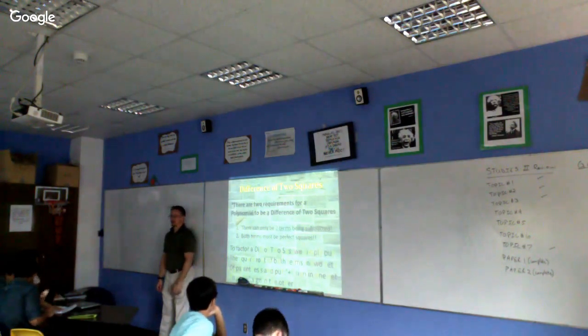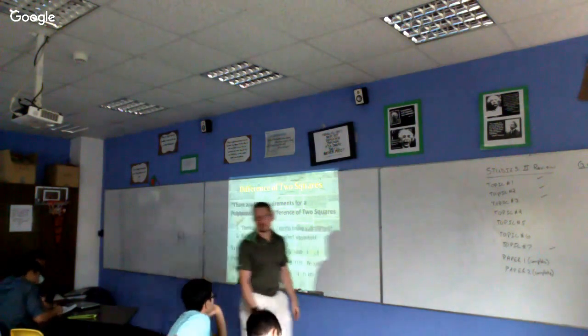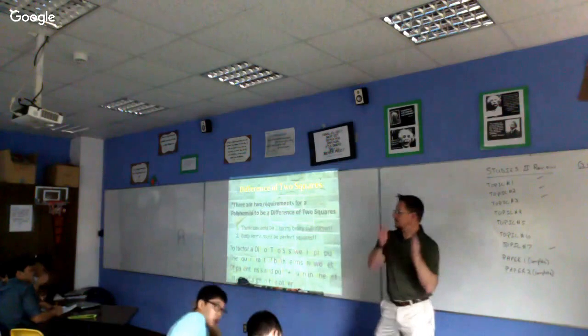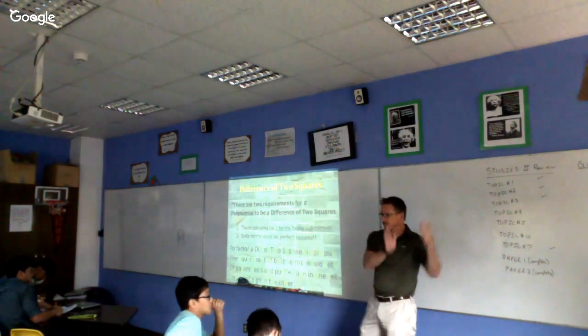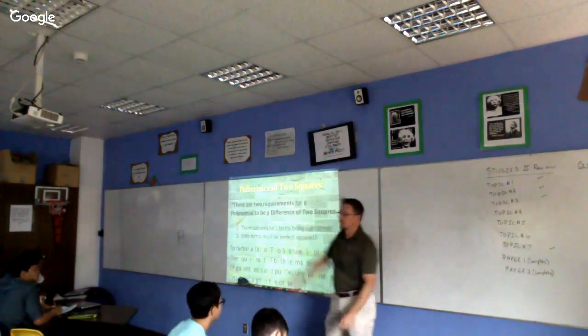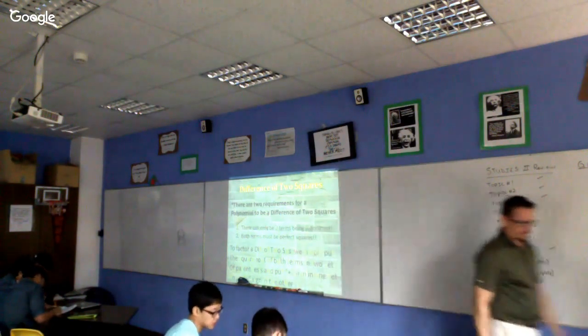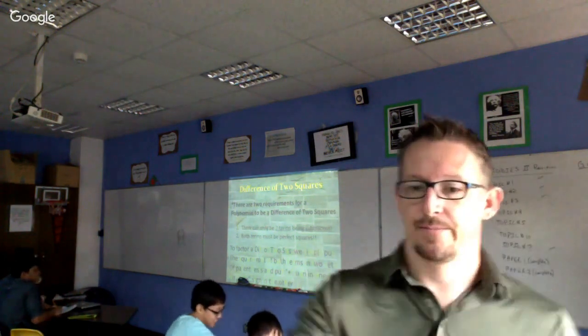Positive times a negative. Which means one's got to be a plus and one's got to be a minus. If they're both pluses, what happens? Positive times a positive is what? Positive. What happens when you have both negatives? Negative times a negative is a positive. Then you don't have a difference. You have a sum. And you also have a middle term, which causes a problem.